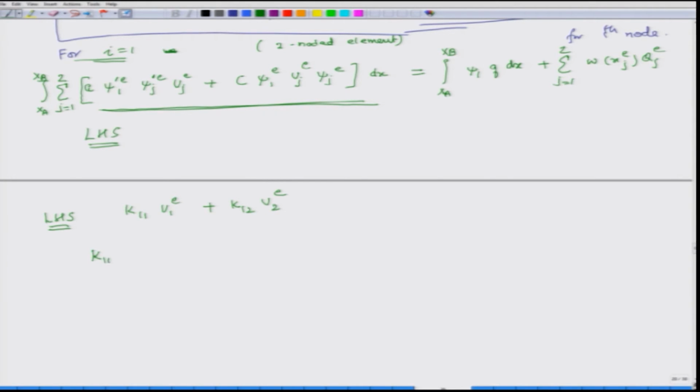Where K11, for the eth element, I am not going to lose my superscript e, is nothing but the integral from x a to x b of a times d psi 1 e over dx times d psi j, here j equal to 1, over dx, again for the eth element, plus c psi 1 e psi j e, with j equal to 1.